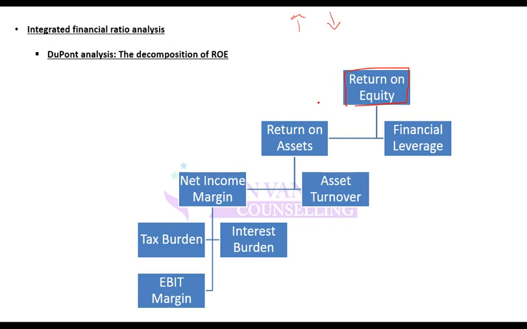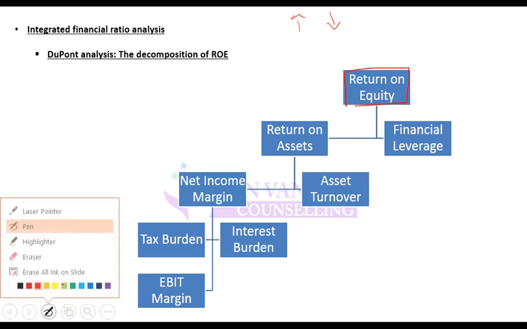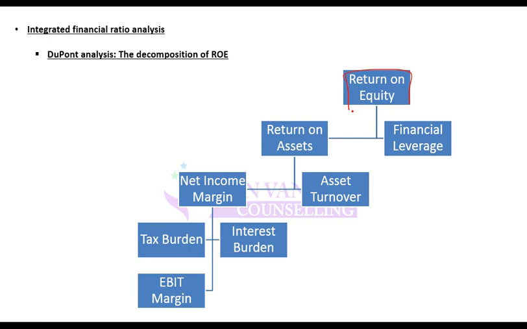You should know why it is changing, and then answer whether that change will continue in future or not. For that purpose, you break down return on equity into different components. This decomposition of ROE is known as DuPont analysis.